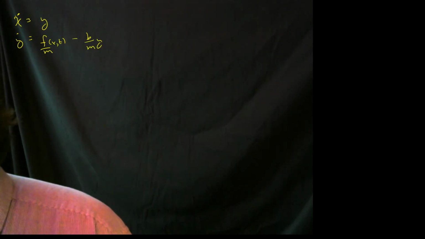All right. So what I want to try to do then is I want to take x dot equals y, y dot equals f over m minus b over m y minus k over m x.